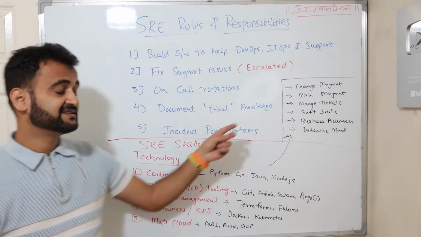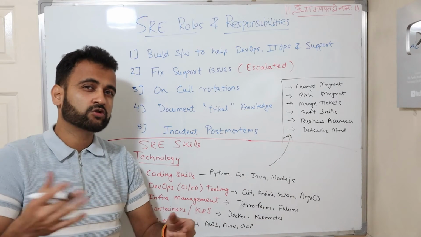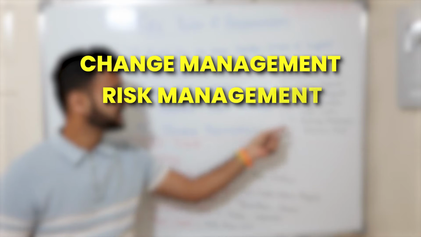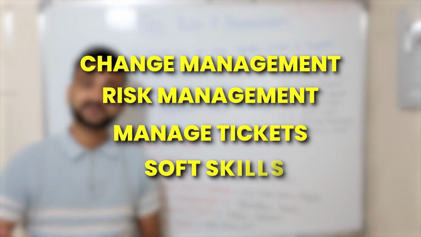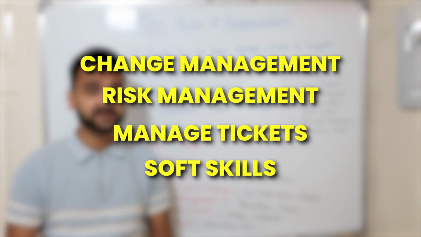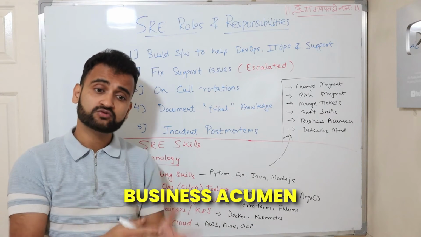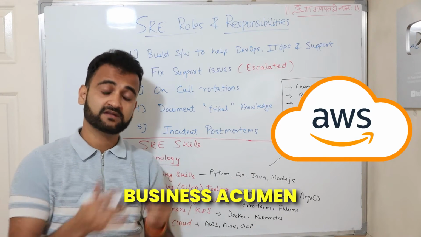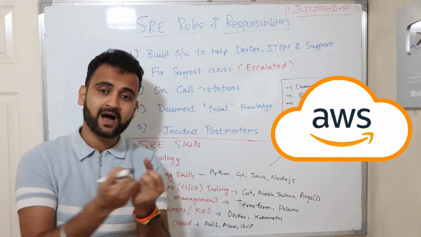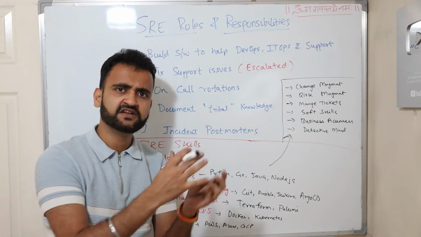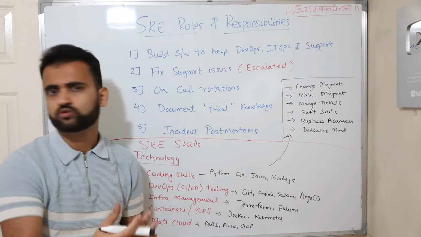So apart from this, there are some other skills which are more on the operations side or business side, which are change management, risk management, managing tickets, soft skills. SRE has to be a very good communicator, written as well as verbal. Business acumen, SRE has to understand business domain. They need to understand why something is so important for the business, and SRE engineers need to be the face to the business.